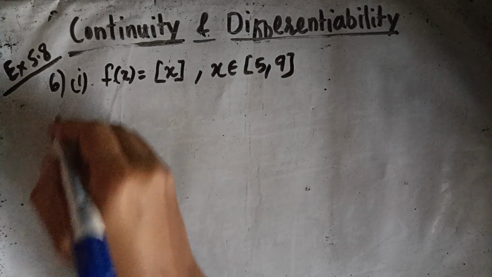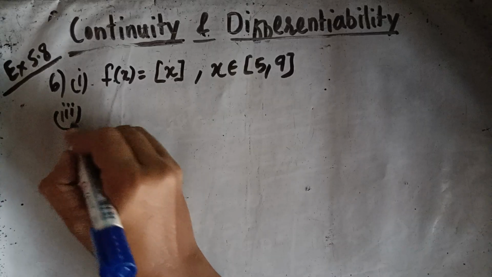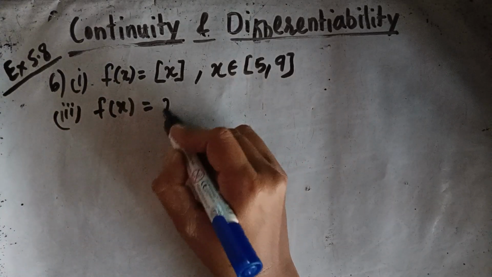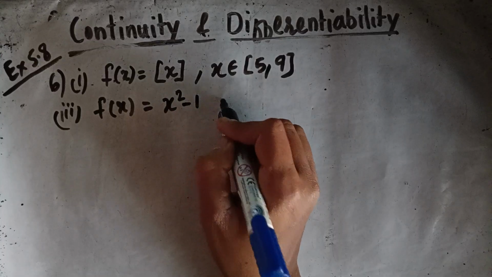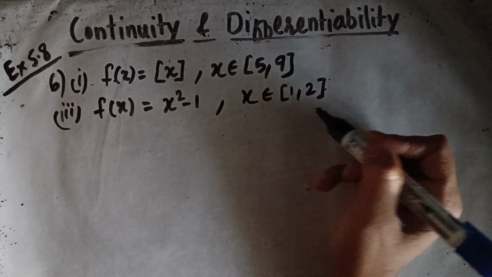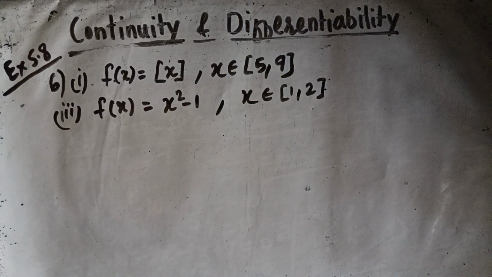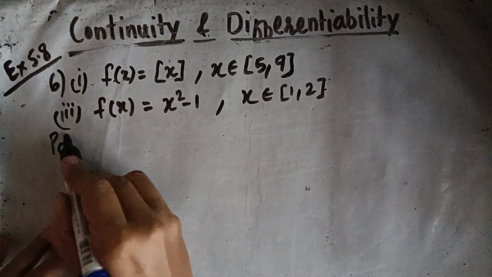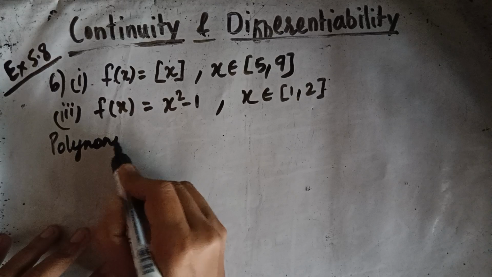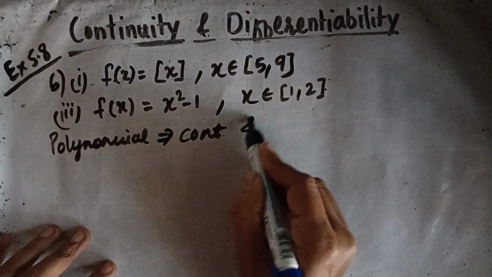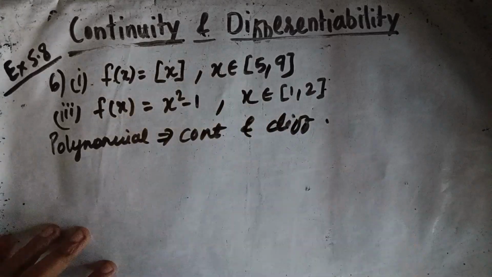Let's see the third function, x square minus 1, interval 1 comma 2. So this is a polynomial function. So we can say that it is continuous and differentiable. Okay.